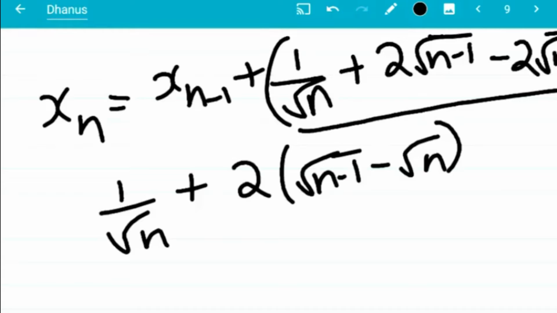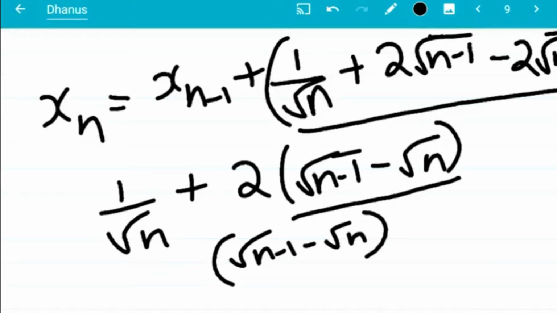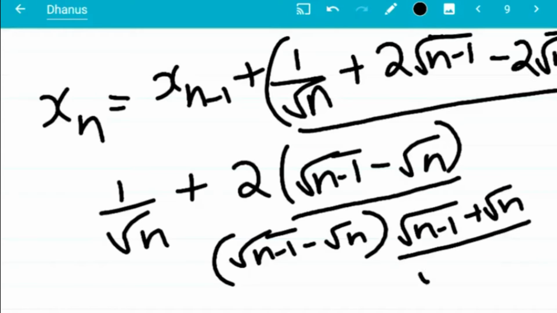And this part can be written as root n minus 1 minus root n, into root n minus 1 plus root n, divided by root n minus 1 plus root n.